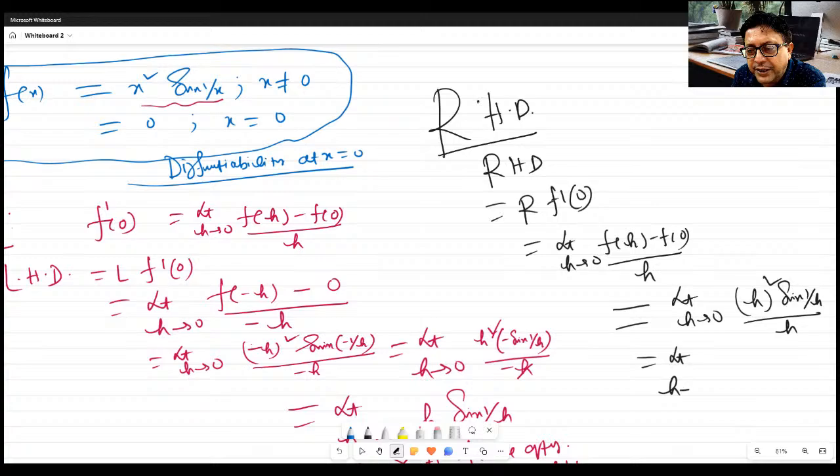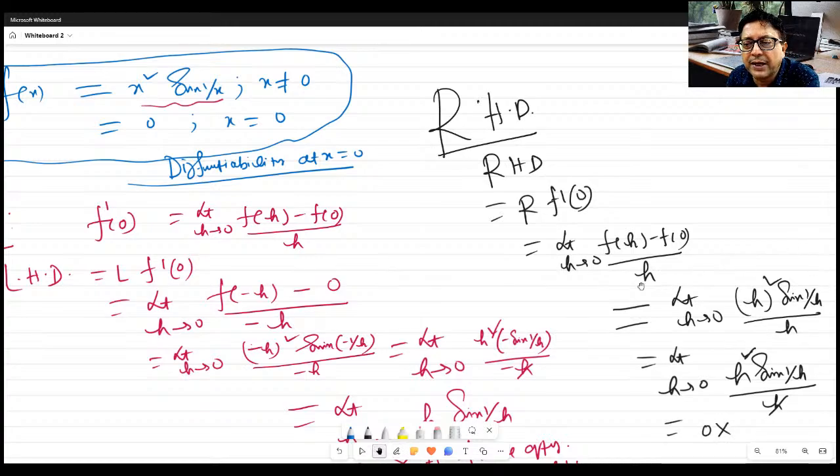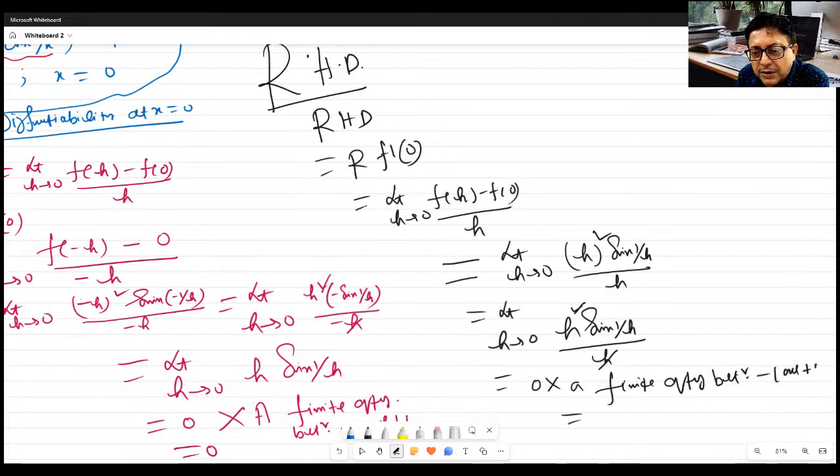So this will be limit h tending to 0, h square and h, 1 gets cancelled. So this will be 0 into, in the same manner you will be writing your answer, 0 into a finite quantity between minus 1 and plus 1.